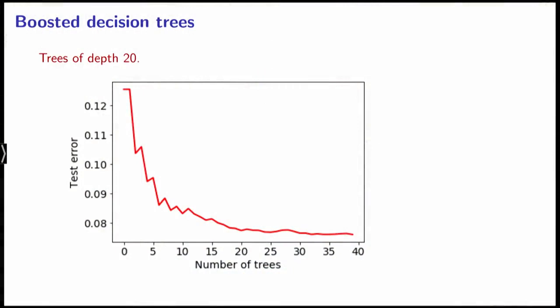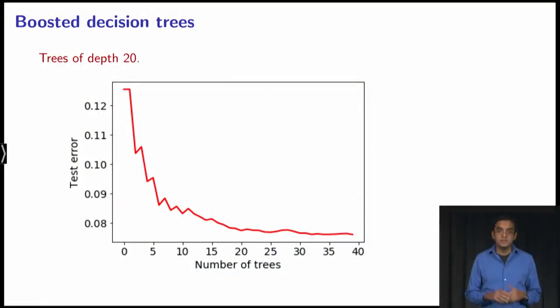In this graph over here, we show the result of this process. We boosted decision trees. We fixed the decision tree depth to 20, and we created a collection of a total of 40 trees. Now this graph shows how the test error goes down as we add more and more trees. When we had just one tree over here, that was exactly the same tree we saw before, and so it has exactly the same test error, 12.6% up here.